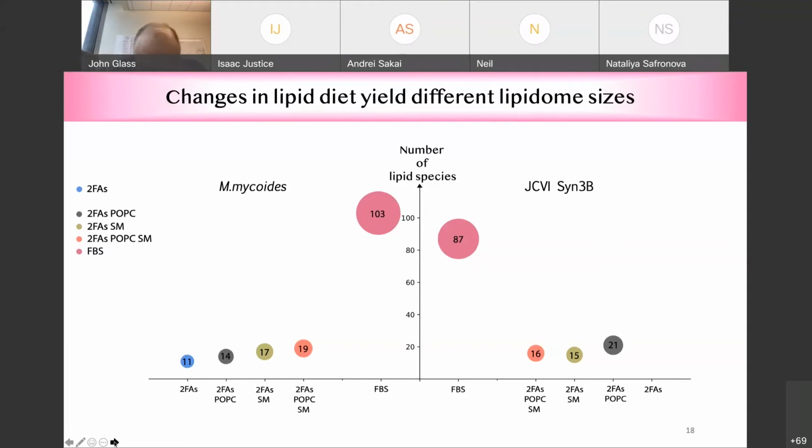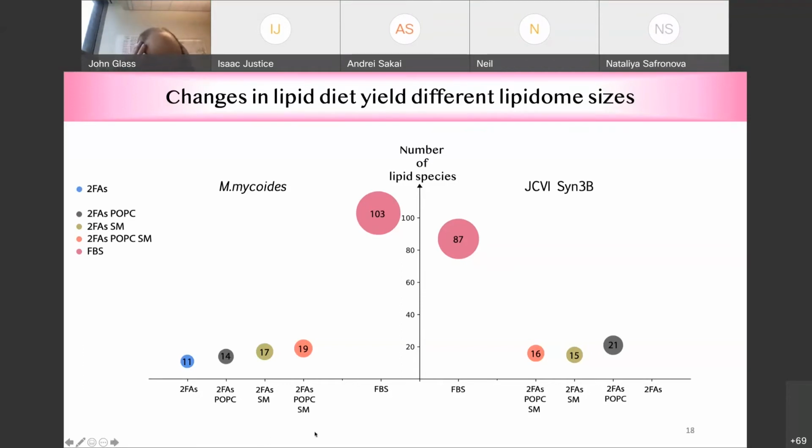When we came to the most minimal diet with just fatty acids and cholesterol, we realized that the minimal cell doesn't grow on this diet. So just 2 fatty acids are not enough to support the minimal cell growth. Mycoplasma mycoides grows pretty well on this diet and produces the minimal possible lipidome of just 11 species.